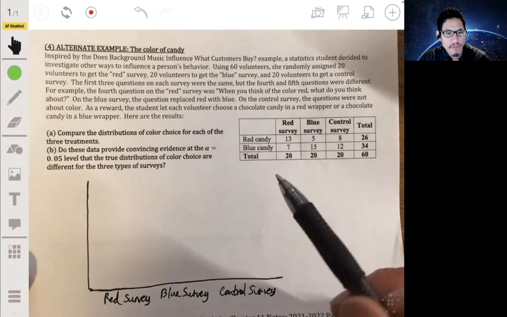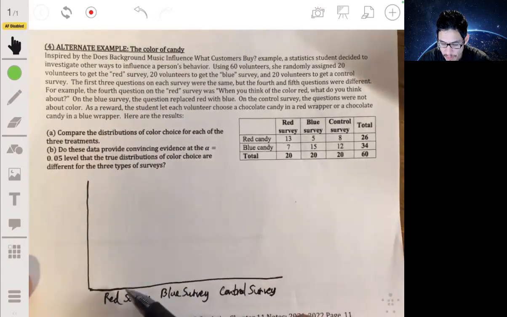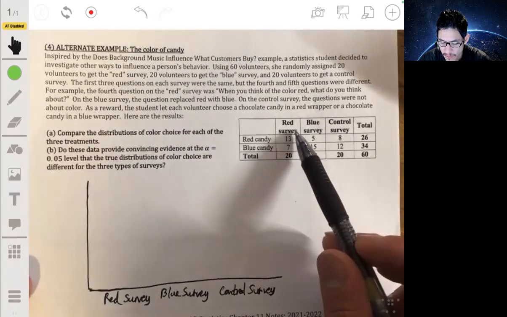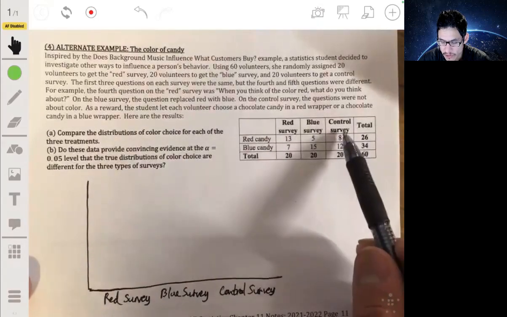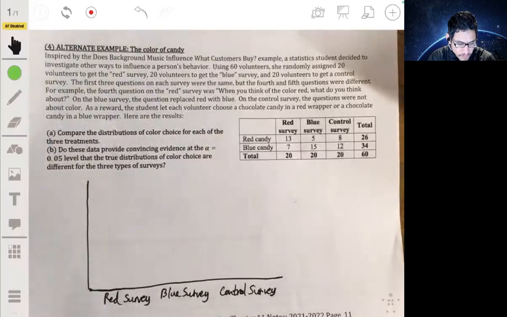We want to calculate the proportion of people that picked the red candy from the red survey, blue survey, and control survey, and blue candy from each survey. So let's convert these into percentages.